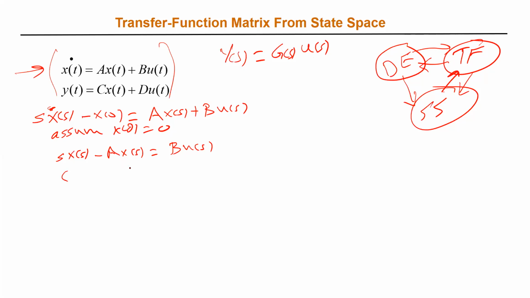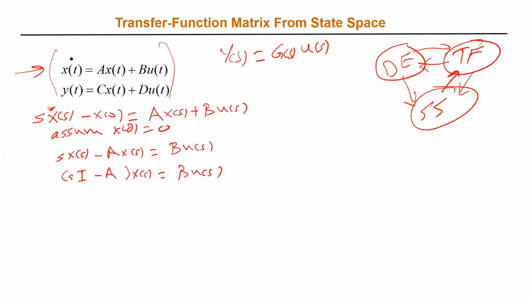Those are vectors and matrices. So s x of s minus A x of s equal B U of s. Can I put only s in here? S is scalar. So what do I have to do? Multiply by identity I, such that the size of the I is the same size of A. This, Doctor, resembles the eigenvalue problem.